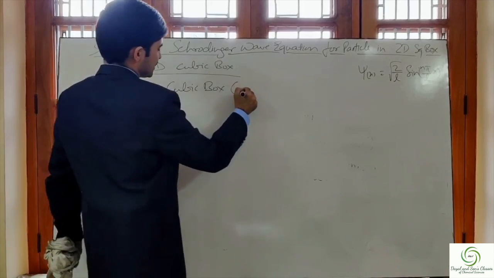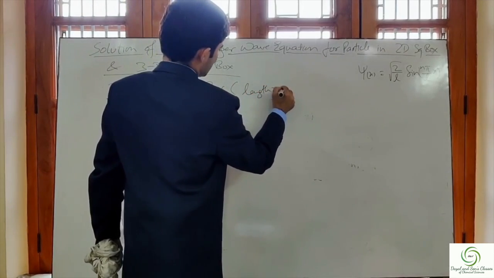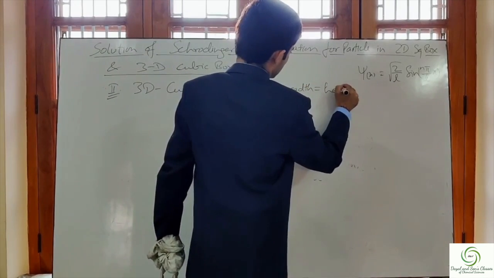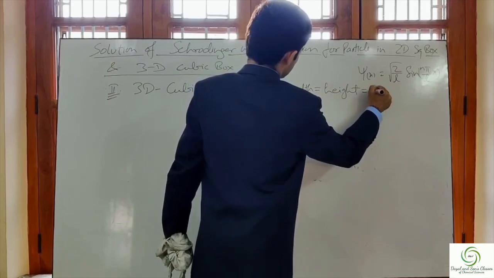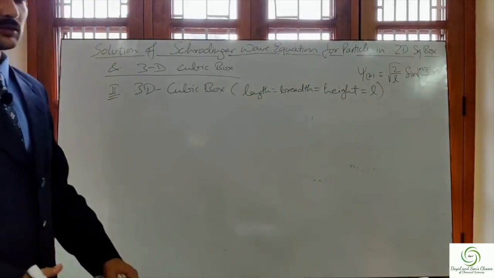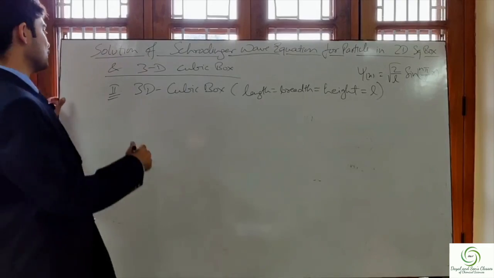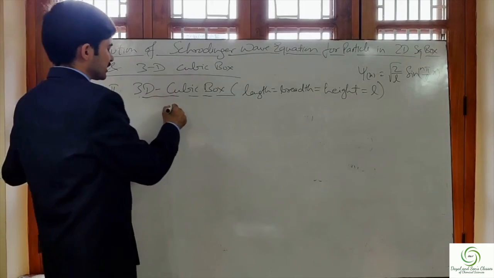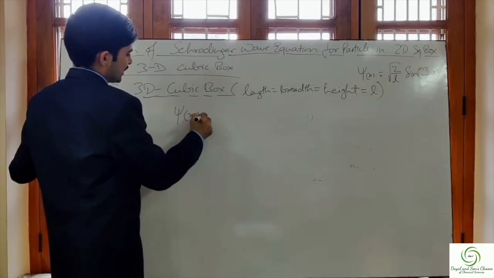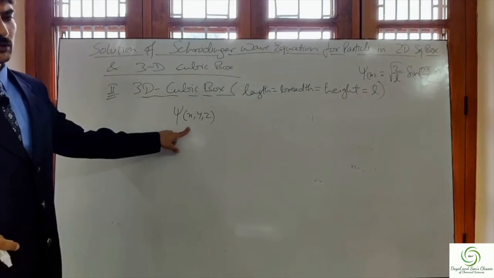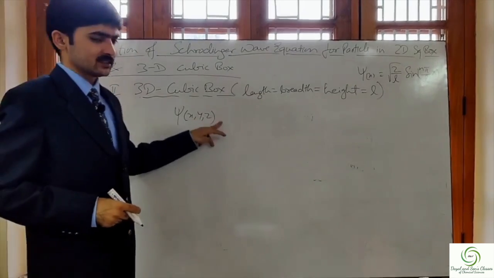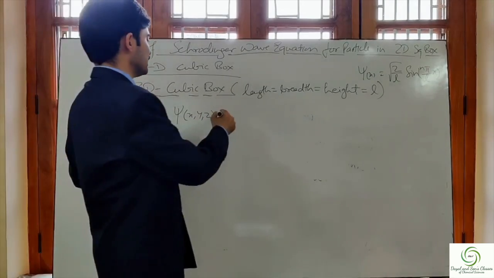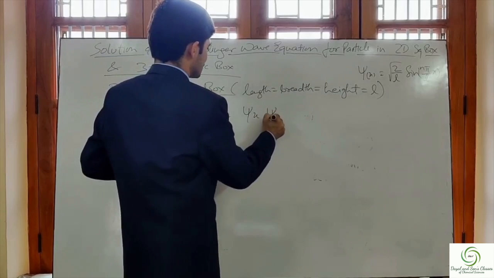What does this mean? Length is equal to breadth is equal to height and is equal to L. Now for a 3D cubic system, we will write psi x, y, z. Why? We are now taking all the three coordinates x, y and z. This means we are talking about psi in a 3-dimensional space, which is equal to psi x into psi y into psi z.